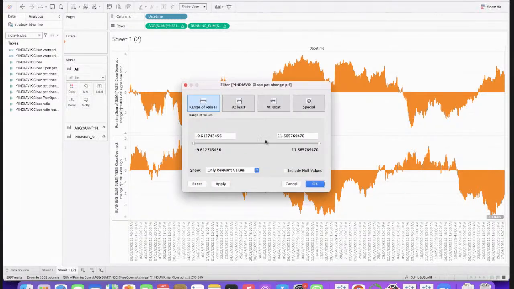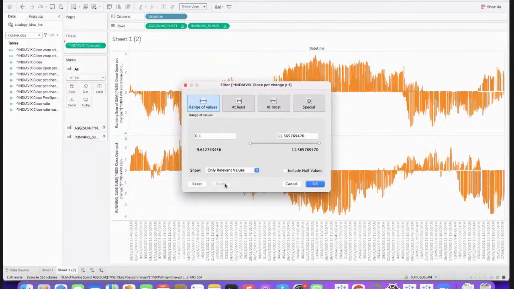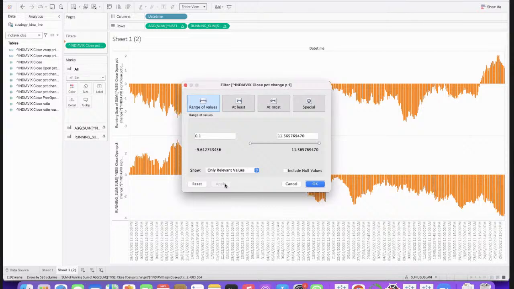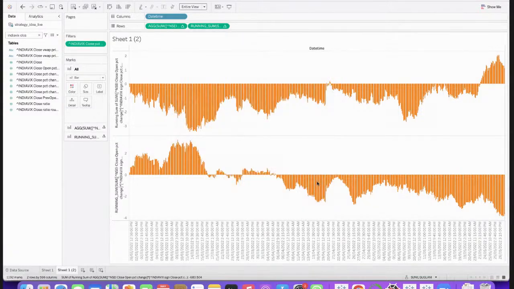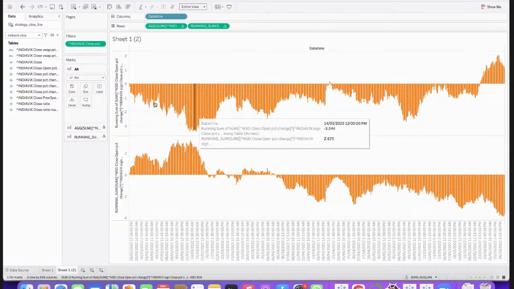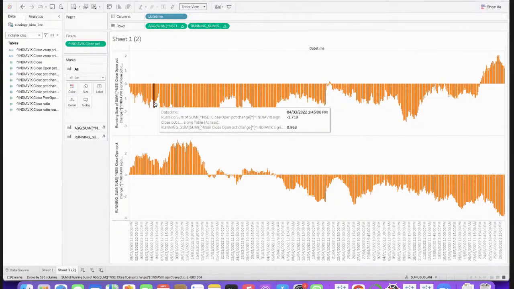Let us say whenever India VIX went up, whether it works or not, because the correlation is there. So it is still not working. So this is how we can do the analysis.